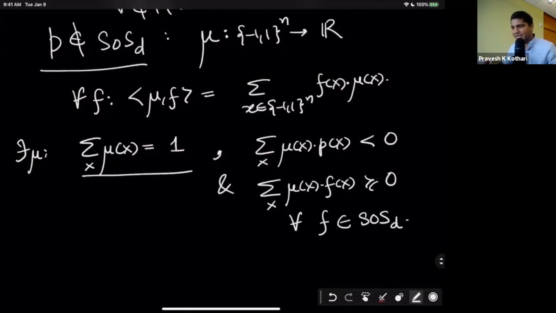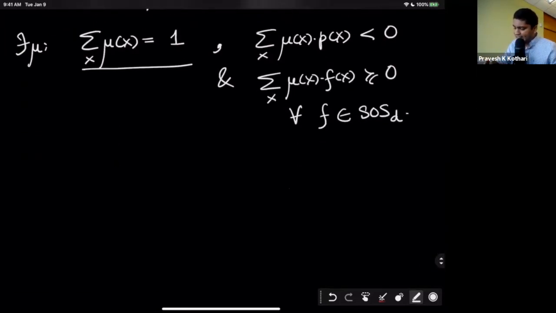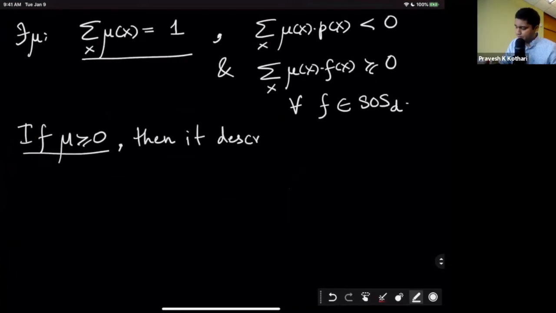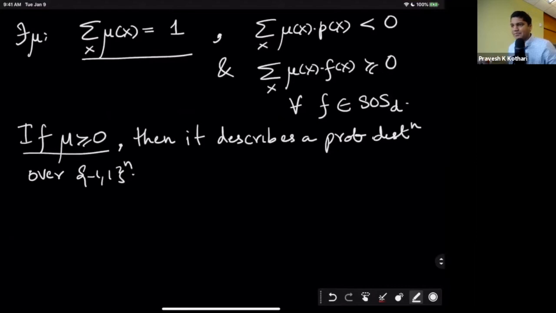So let's explore that. If mu is non-negative, then it describes a probability distribution over the Boolean hypercube.